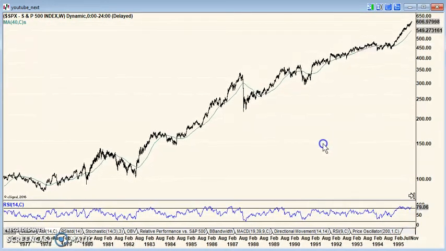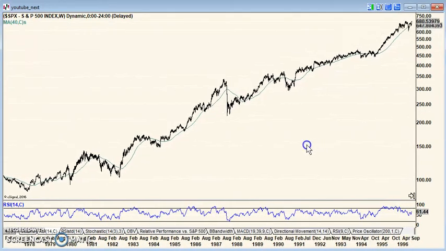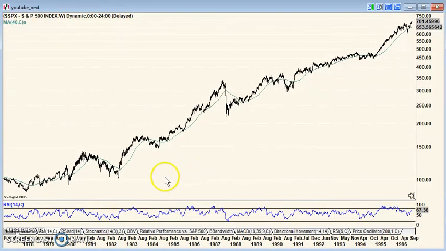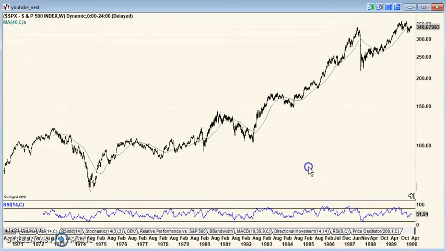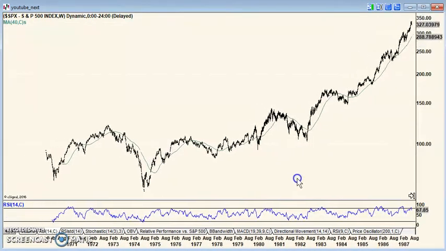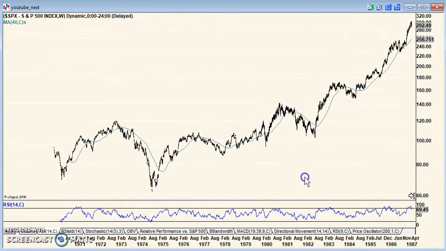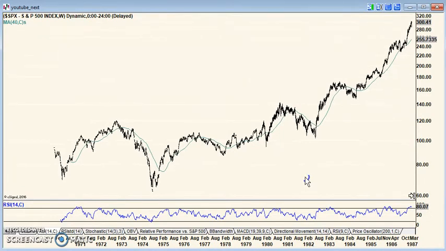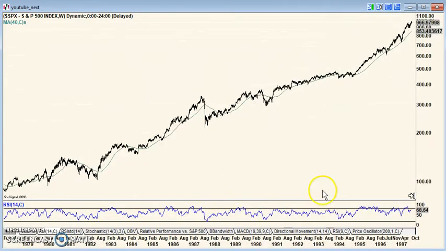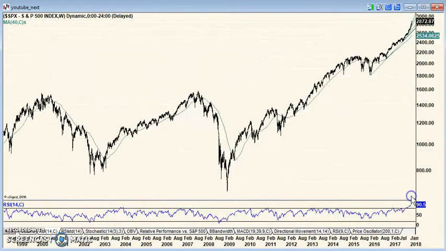But even that one never really made it up into the 90s. Going back in time, there's the crash of 87. Again, it wasn't quite as overbought on this particular indicator. So this is unprecedented, at least in the data stream that I see, to have a weekly RSI way up there. Let's look at monthly.